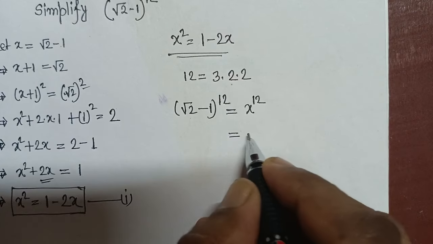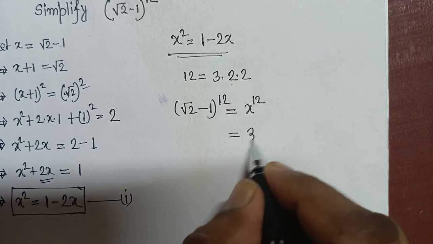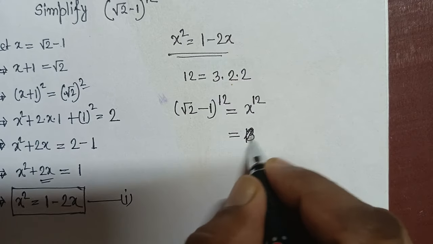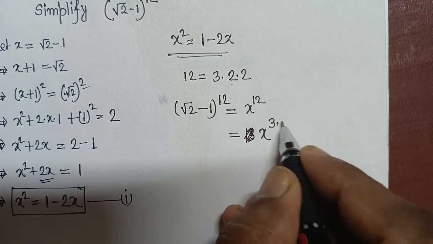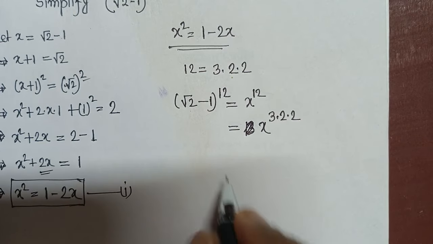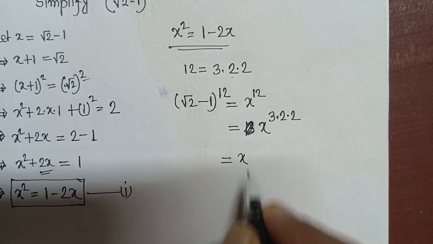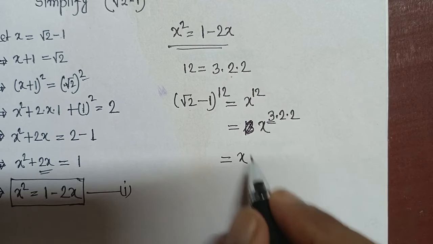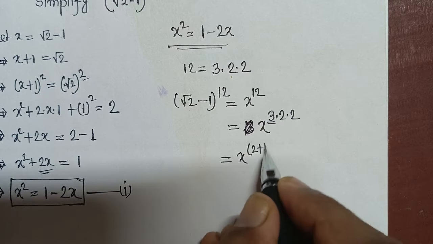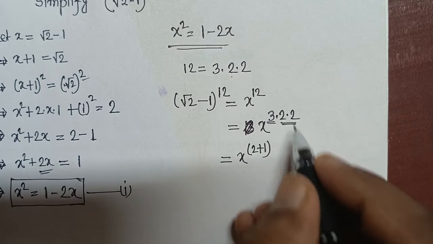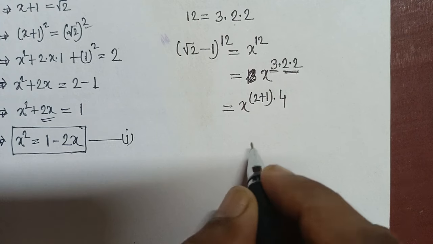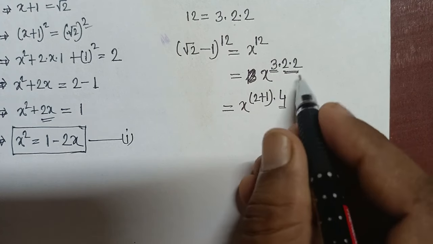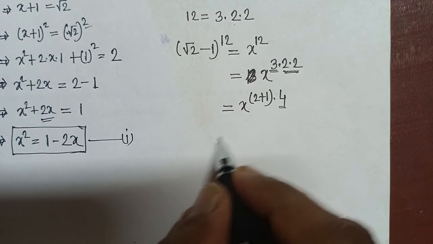Now we are breaking that x^12 into x^(3·2·2). So we can write 3·2 plus 1, and now, considering that we take 2 and 2, it is equal to 4. In future we will break 2·2 again.